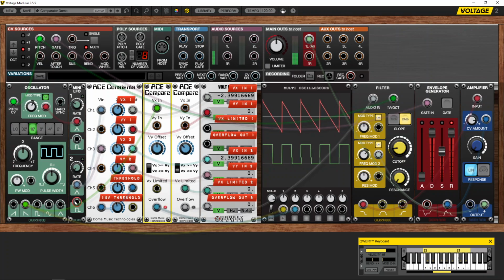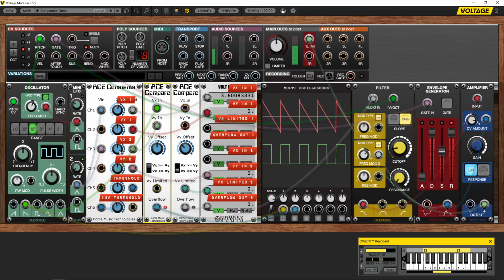And of course you can use an LFO to provide pulse width modulation. I'll just put this down to 0 at the moment, and then if we feed that into the Y input, make the offset 0. So we've got a square wave just now.